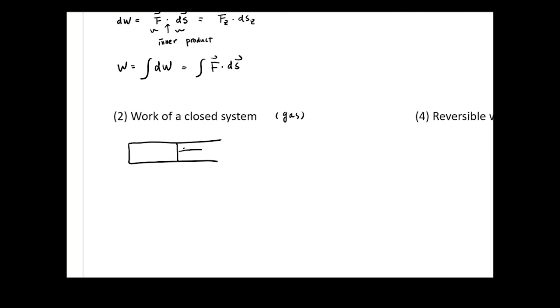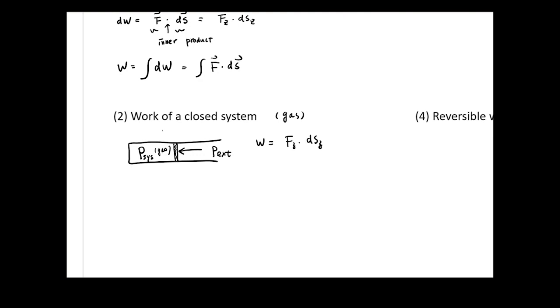If you have a piston, then outside you have your pressure P external, and inside you have the pressure of your system. To calculate work for this closed system, the work is going to equal Fz times your dz in the z direction, right?